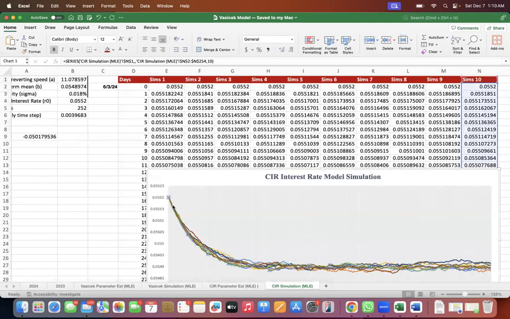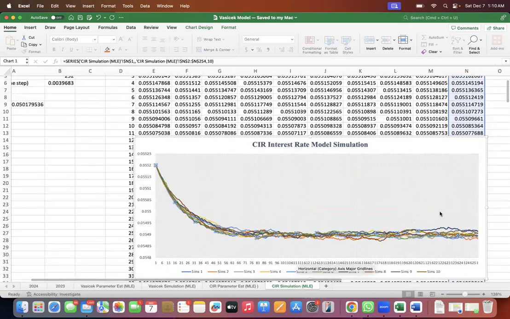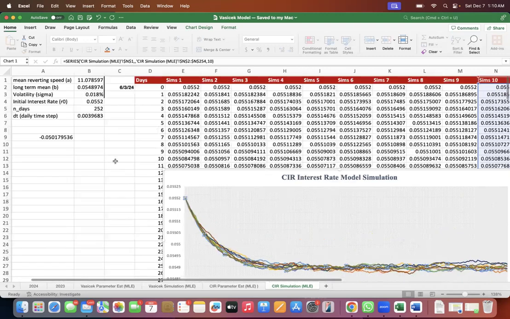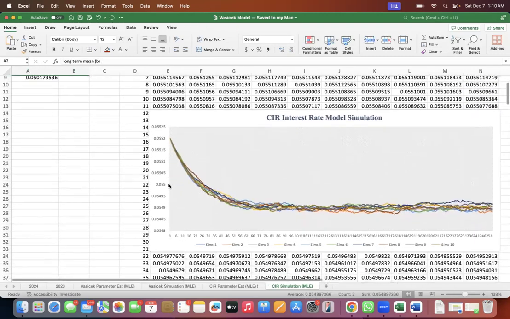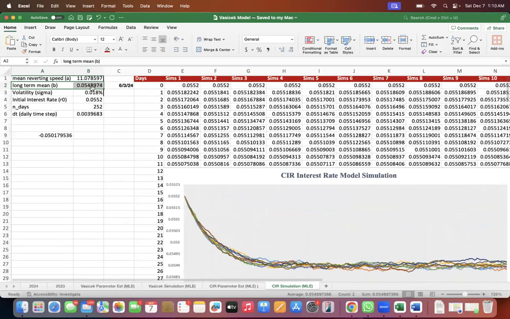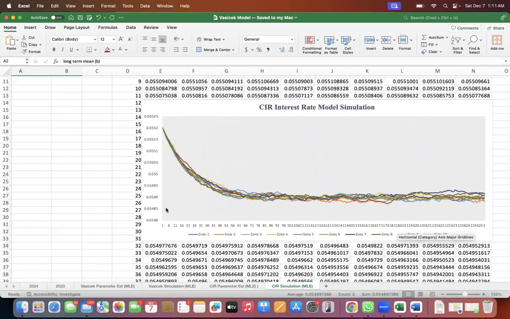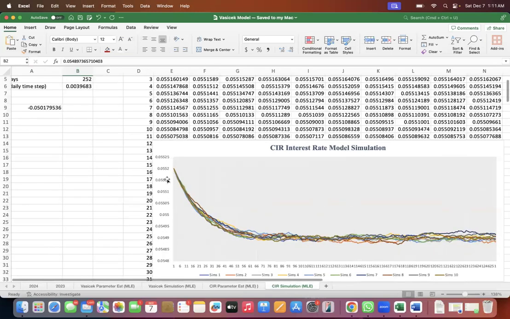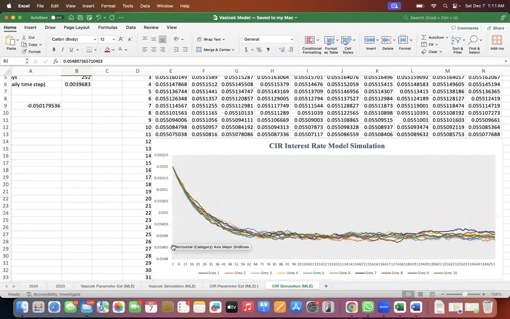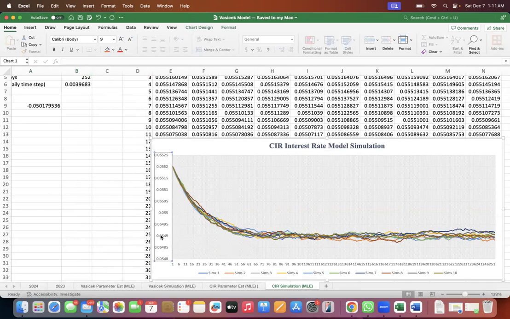Now if I just plot the graph of all the simulations, that's how these graphs look. If you all remember this B part, which is what? My long term mean. So the long term mean is 0.0548, which is 5.48%. So you will see that slowly it will... if you see 5.489, actually this is 5.489.